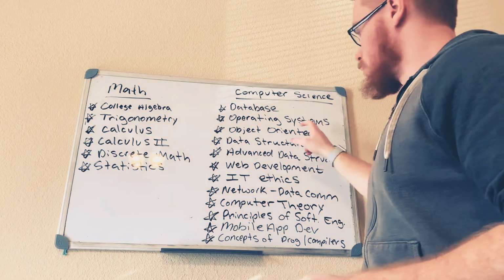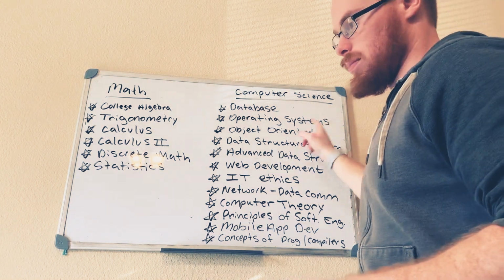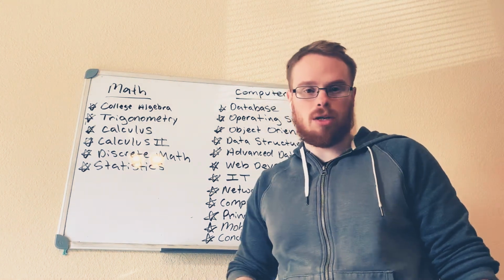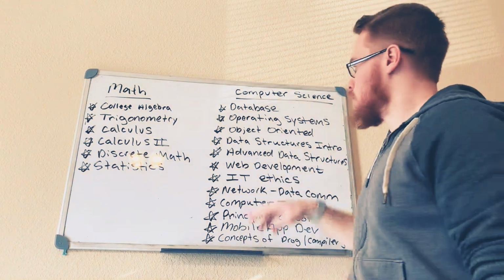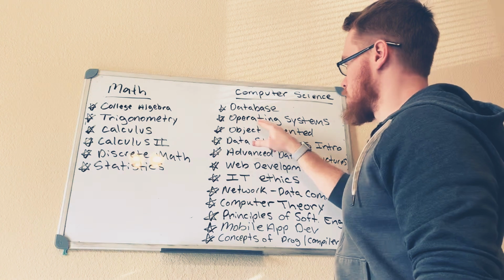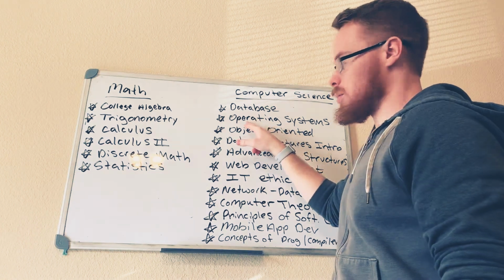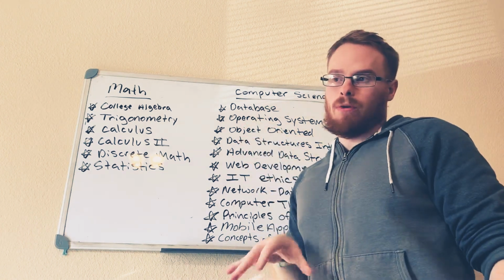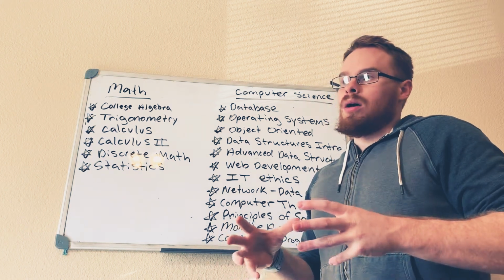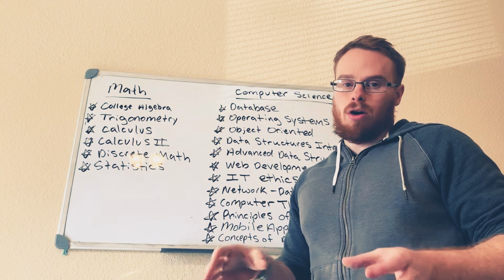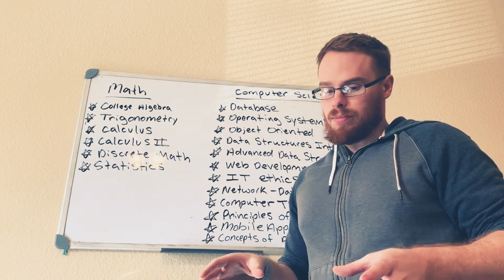Operating systems, I meant to put a star or something by the tough ones, but operating systems is one of the known tough classes. You're usually going to use a low-level programming language. The one we're using is C. C is a known programming language for robotics, hardware, and low-level stuff.